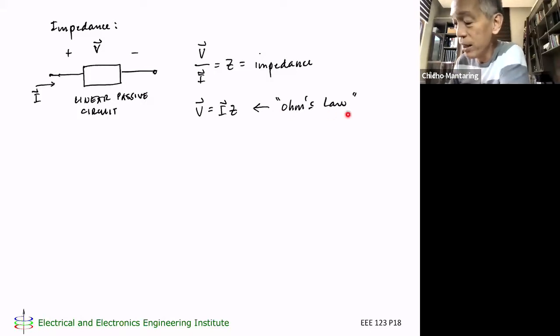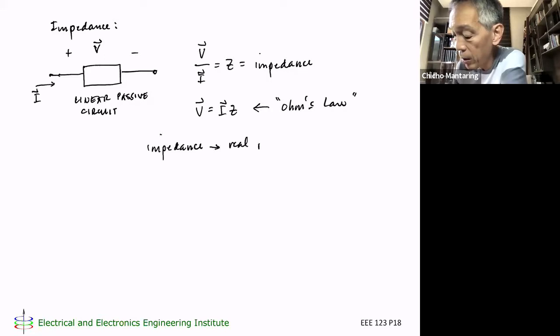The real Ohm's law is with resistance, not with impedance. And impedance in general has a real part and an imaginary part.